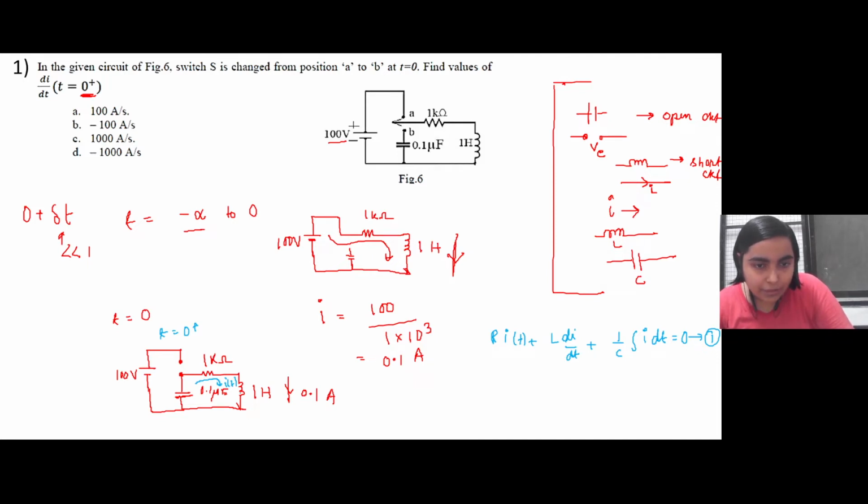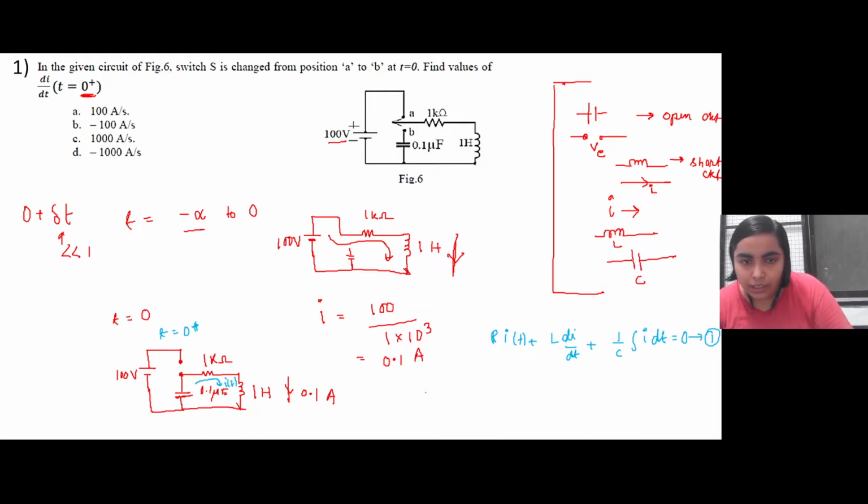Only the current coming from here flows through this inductance. It will start to flow gradually, and this capacitor will get charged. But until then, this 0 plus is just the instant right after switching, so there will be nothing flowing through here.